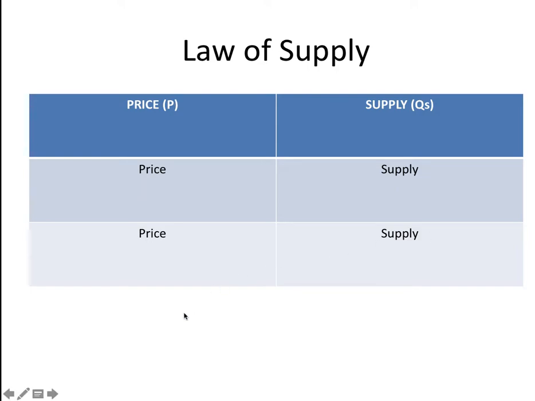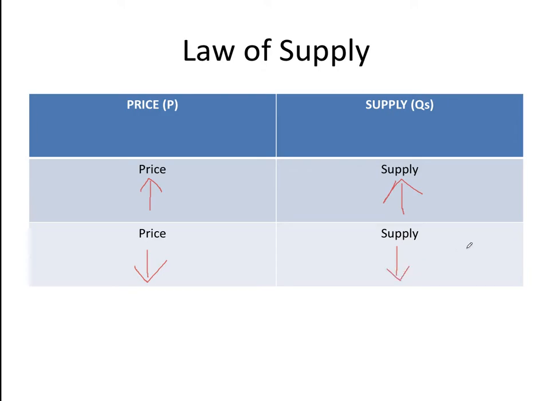So the law of supply is simply this. If we have the price increase, the supply is going to increase. If we have the price decrease, then the supply will also decrease.